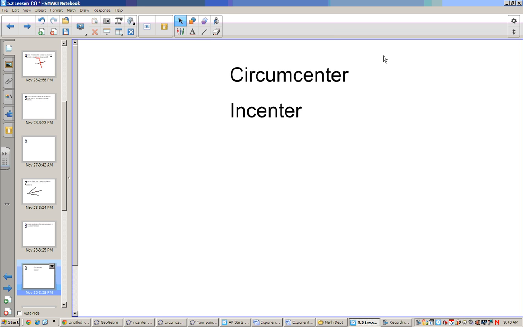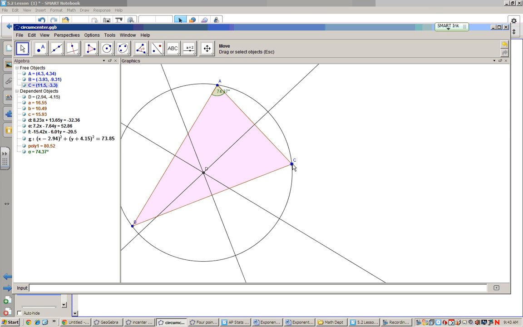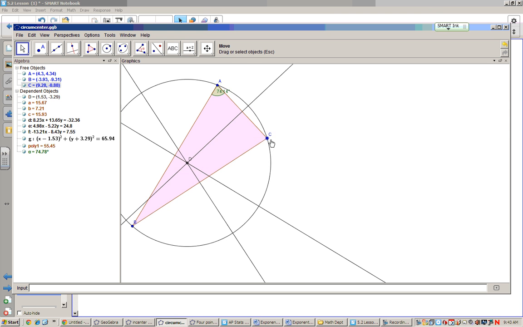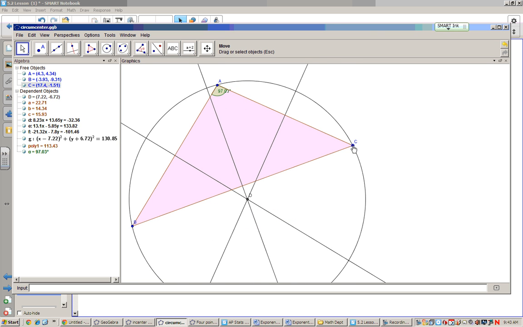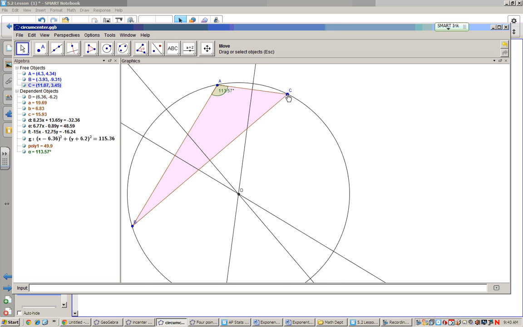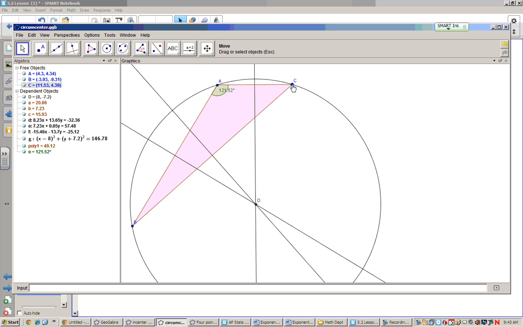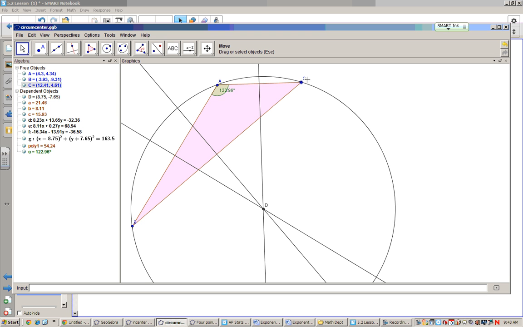Alright, so now we're going to look at circumcenter and incenter. I'm going to pull it up here for a second. Let's look at circumcenter first. We did this in our constructions chapter where we looked at these centers on GeoGebra. If I have an obtuse triangle, notice how my circumcenter is going to be on the outside.